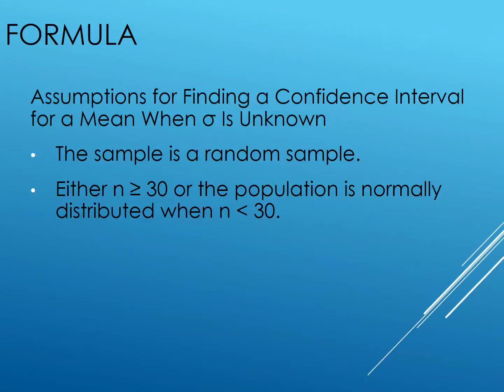And similarly from before, either n is greater than 30 or the population is normally distributed when n is less than 30. So if you do not know it is normal, the sample size should be greater than 30. However, if it is normally distributed, then it doesn't matter if n is less than 30 or greater than 30. So the formula for using the t distribution.